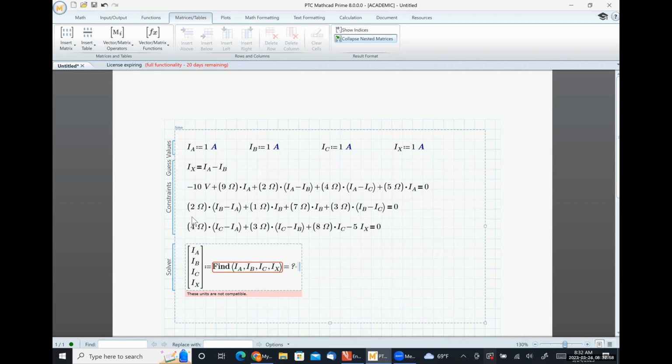It says the units are not compatible because I didn't put units on that 5 that's multiplied by IX. So effectively it's saying I have a voltage, 4 ohms times IC minus IA, plus a voltage, 3 ohms times IC minus IB, plus a voltage, 8 ohms times IC, minus a current, 5 IX. So I need to explicitly state that that 5 has units of volts per amp.